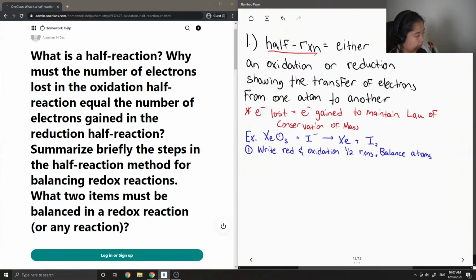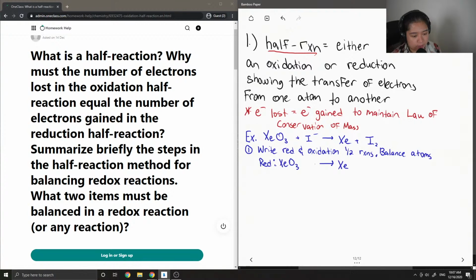Okay, so the reduction reaction would be this xenon trioxide going to xenon.